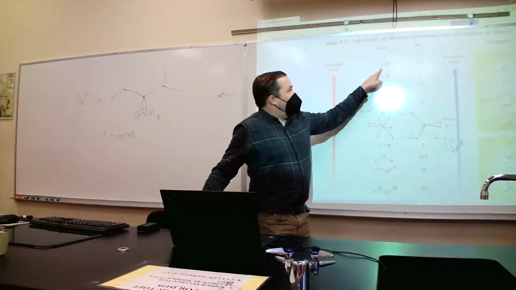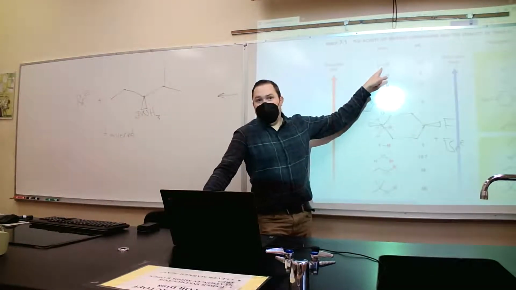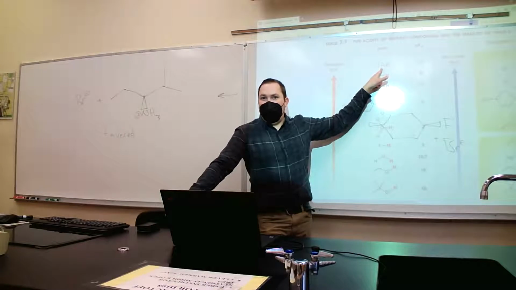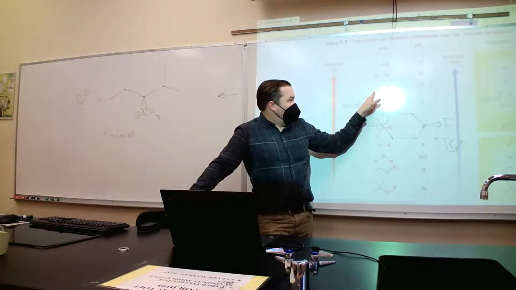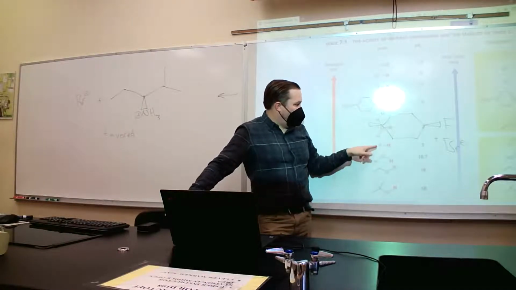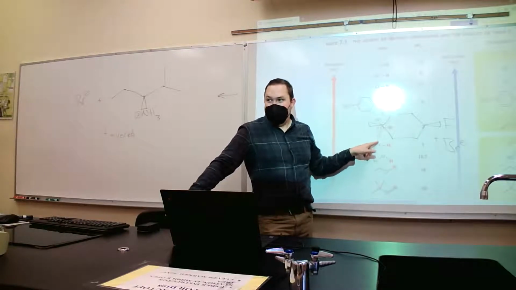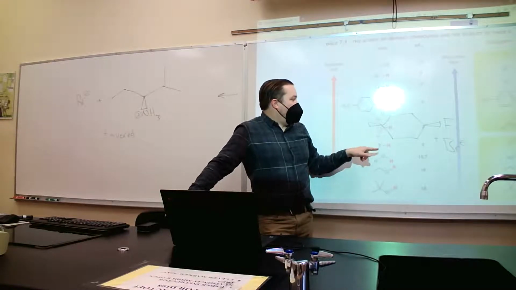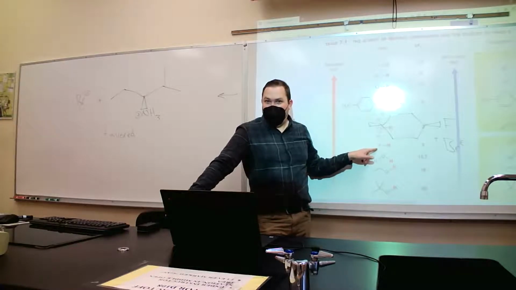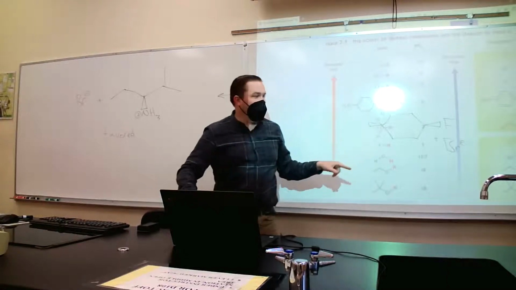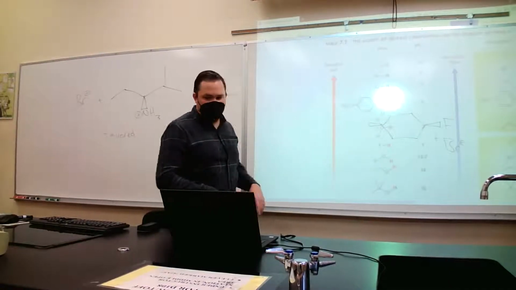This HI is the strongest of the binary acids, followed by HBr, followed by HCl, and HF is all the way down here. Because HF is smaller, because the fluoride is smaller, it can be bound more tightly to those hydrogens. Despite the fact it's more electronegative, the hydrogen can actually stick to it better because they're closer to the same size. Right, so it's the same logic for the solvent effects.